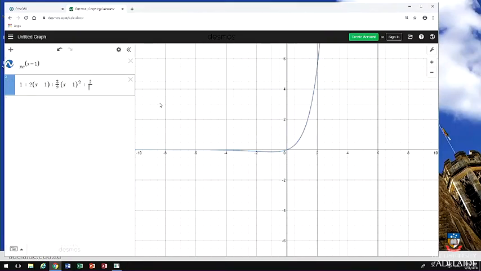Plus 2/3 x minus 1 cubed plus 5 on 24 x minus 1 to the 4. Have you noticed every time I add a term, the function got a little closer? Five.